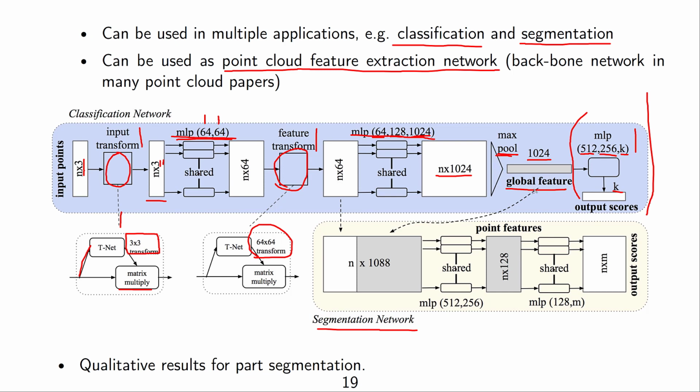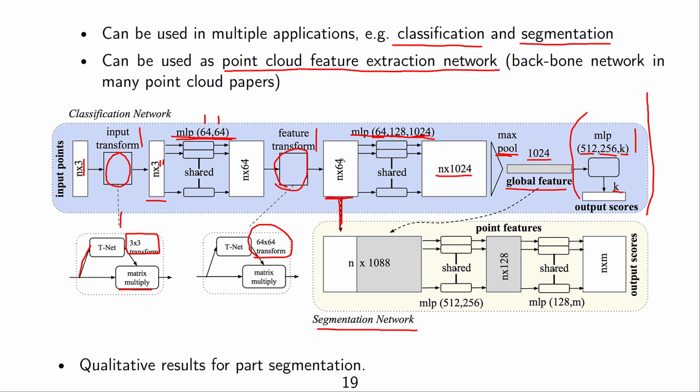We have this global feature, and what we're going to do is we'll take this global feature and append it to each point that is created by the point network at this point in time. So we'll take this point cloud that is represented by this block. This is the output of this feature transform. That is a point cloud where each point is described by 64 dimensional features.